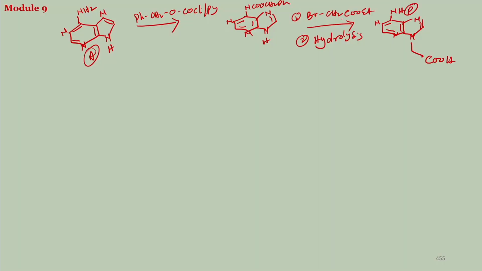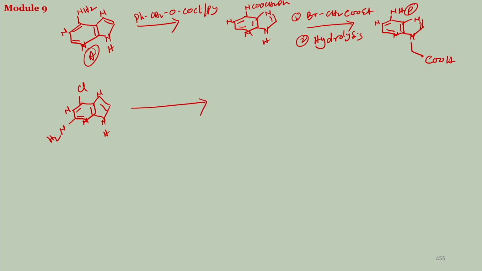You can still do it the straightforward way, straightforward protection, and then using this step, or you can start with a modified one. Instead of the guanine itself, you can start with the chloro version of it, because it will hydrolyze and produce a double bond over here.